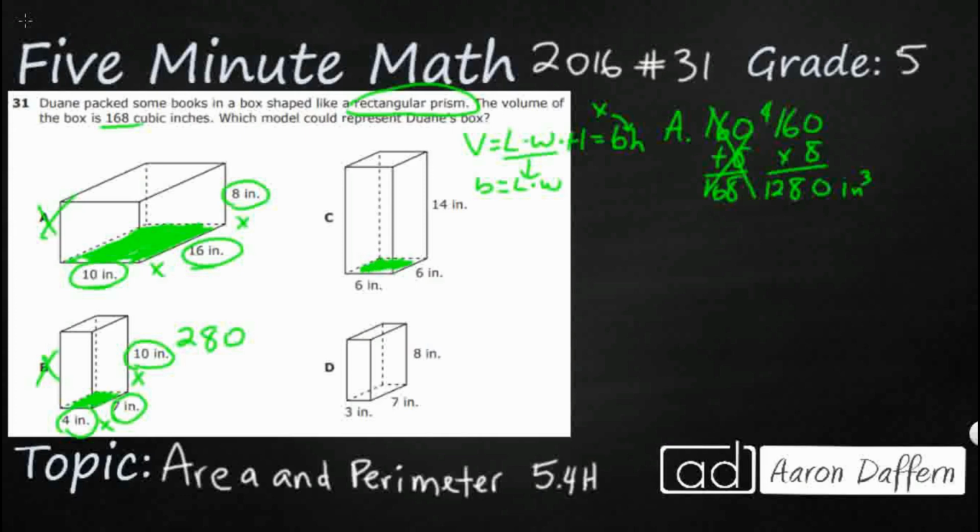I need to find the area of my bottom base here. I've got 6 times 6. So this is 36. Now I need to multiply that by my height. So let's see what that looks like. Let's see, that's 14 times 36. So that's going to be 24. 6 times 1 is 6.